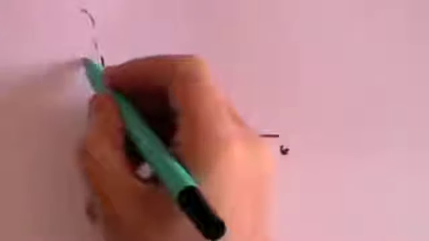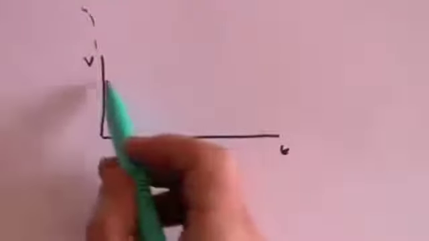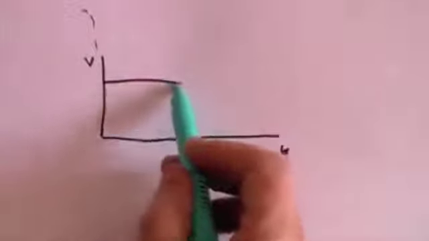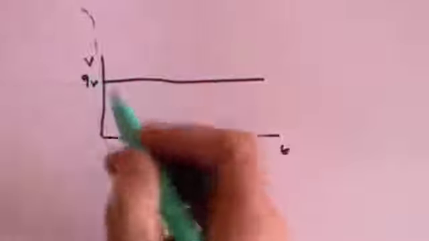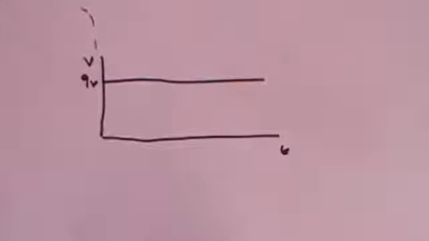Very simply, what that means is if we drew a graph of voltage against time, then you would expect that as you measure the voltage as time goes by, it would constantly stay at 9 volts.